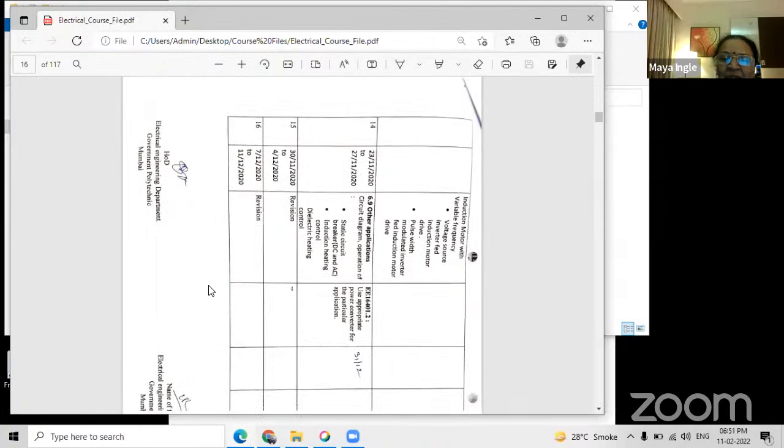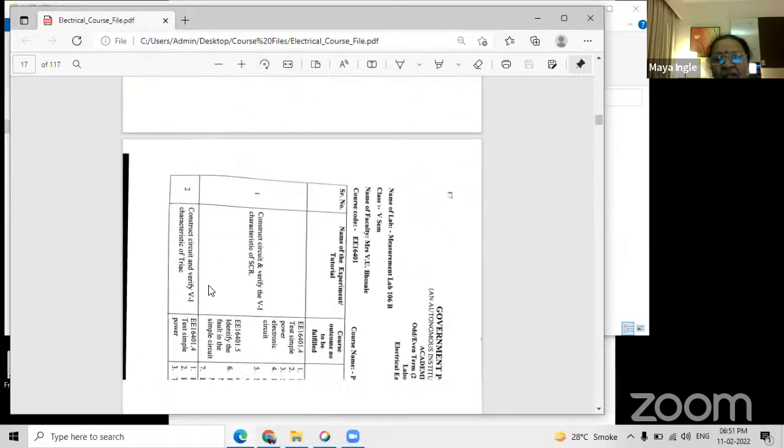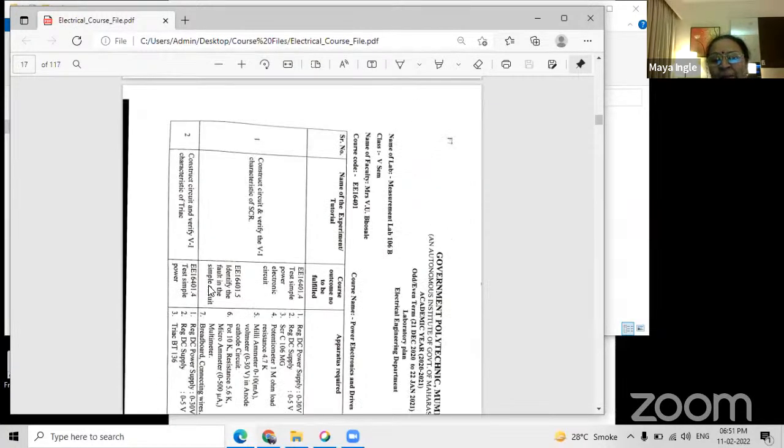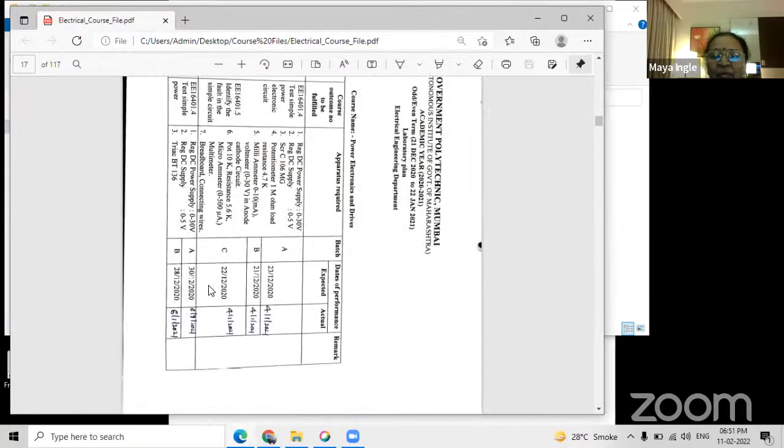Then the next one is the teaching plan. After the teaching plan, the laboratory plan. In the same way, if the subject is associated with a laboratory, you have to highlight all of the parameters and attributes related to it.